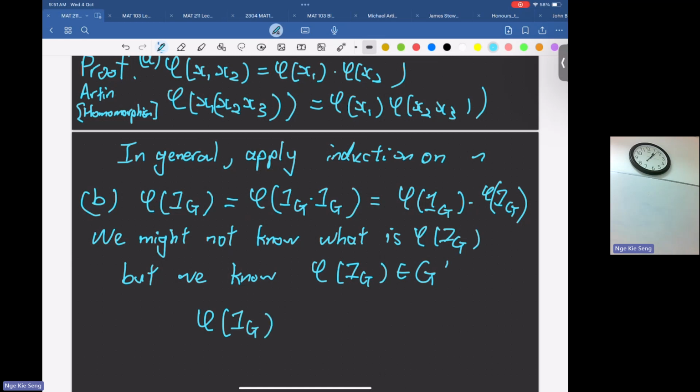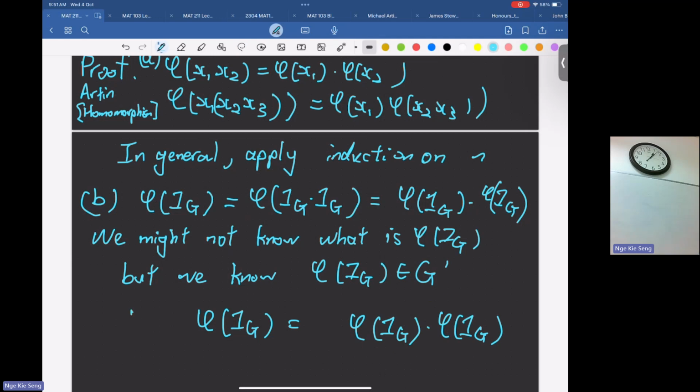In particular, which one is useful? So many identities. What thing can you apply? Cancellation law. Inverse. So we can apply the inverse on both sides.